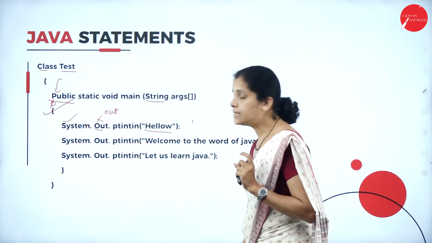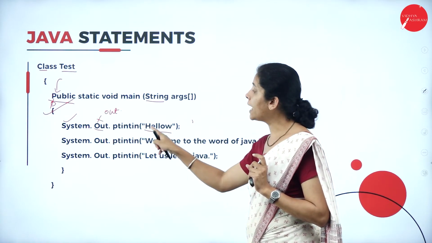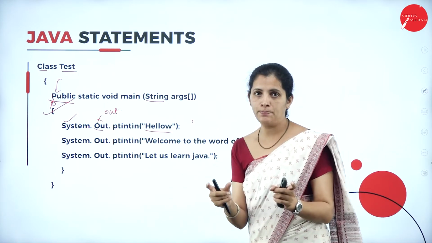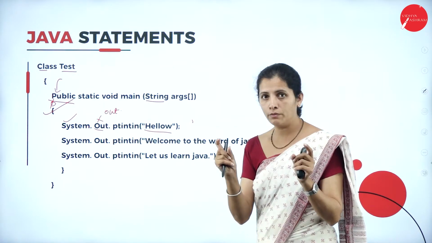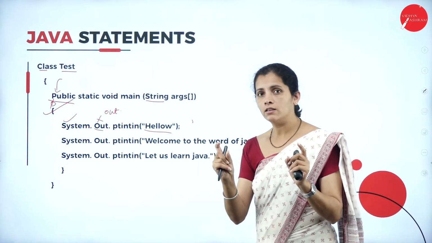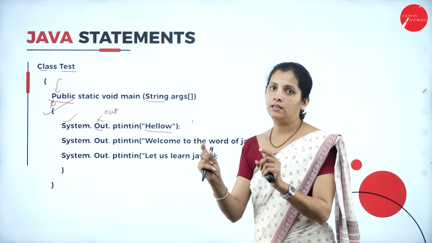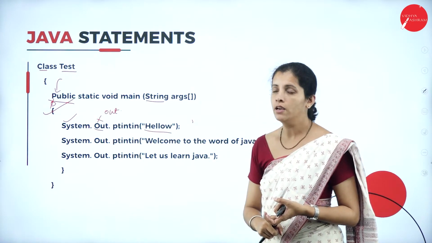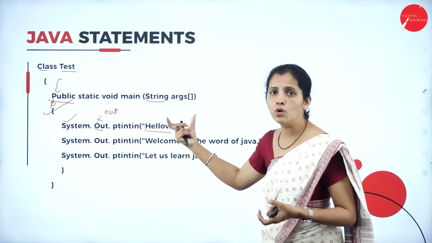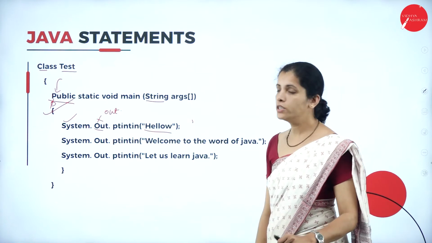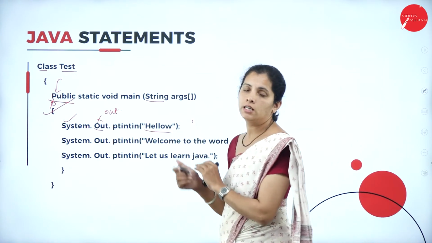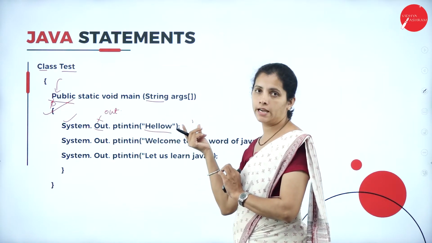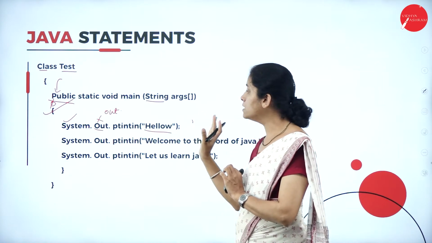See here, inside the double quote, I'm going to write capital letter H. That means whatever I want to display should be written within the double quote. And to write my statement, I can use uppercase letters as well as lowercase letters, because here I just want to print the message, so I write those statements inside the double quote.